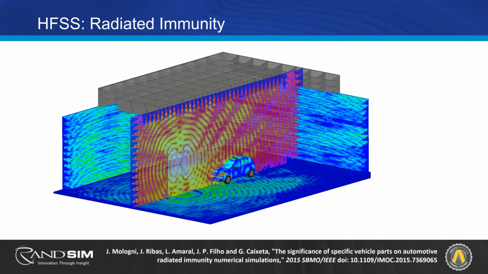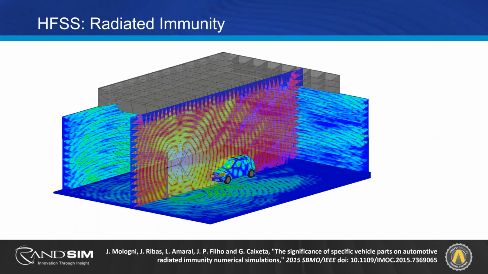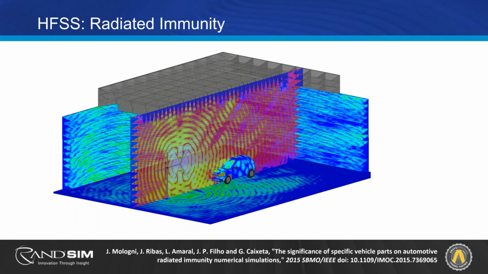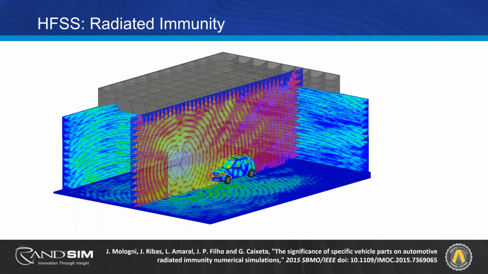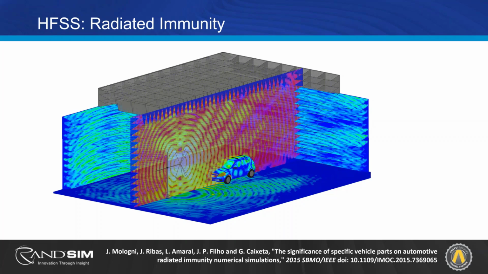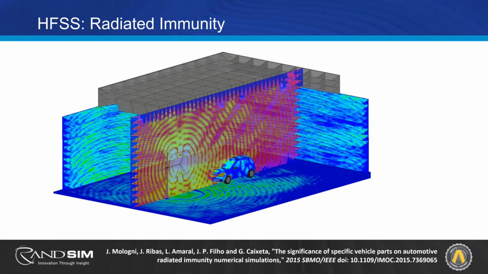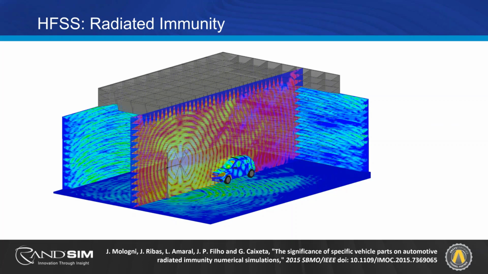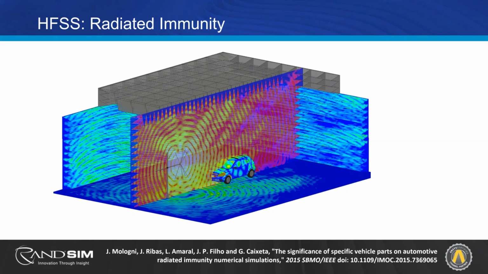So this is simulating an automobile, looking at susceptibility to radiated EMI, and the field plots that are relevant to that. All important things to see and understand, and it also helps visualize where the energy is actually radiating off your board and the method of how it's radiating.